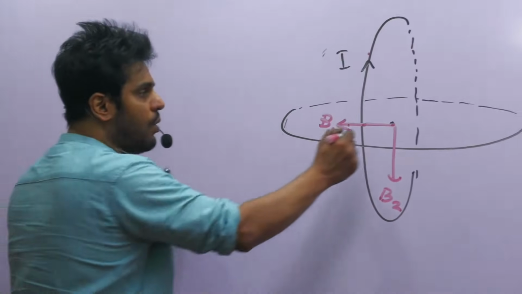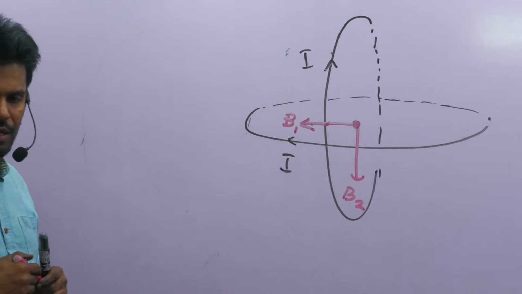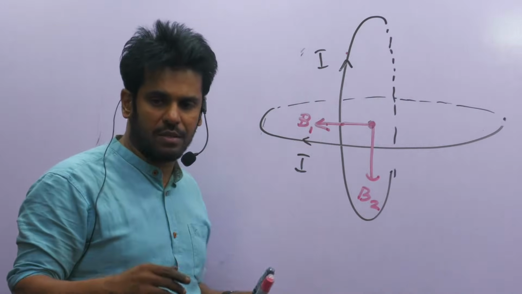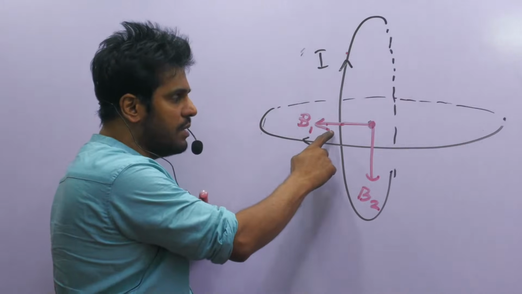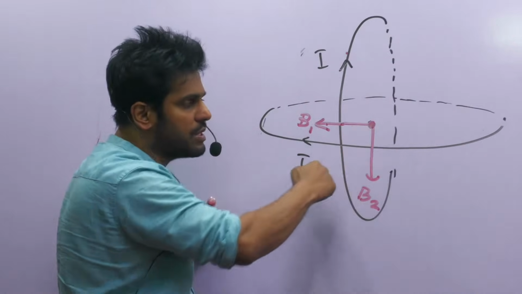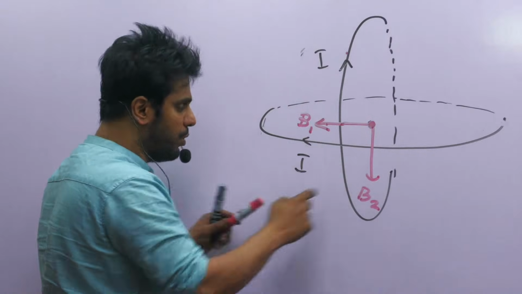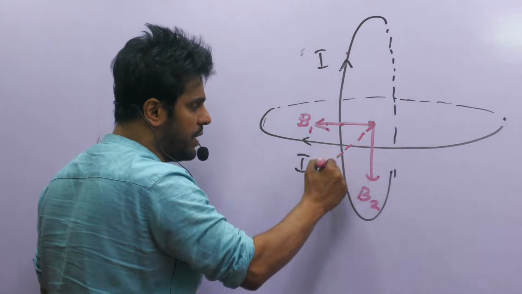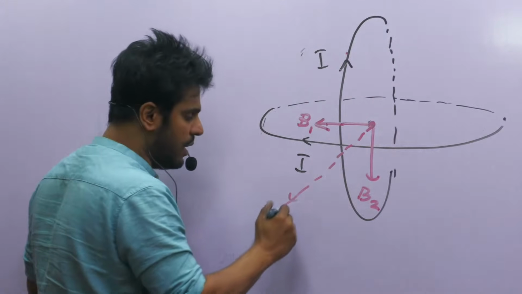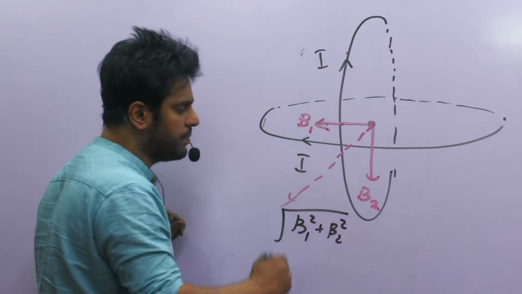Now at the center, there are two magnetic fields, and magnetic fields are vectors. So you have to find the resultant magnetic field by using the Pythagoras theorem. B1 here, B2 here. The resultant magnetic field at the center is given by the square root of B1 squared plus B2 squared.